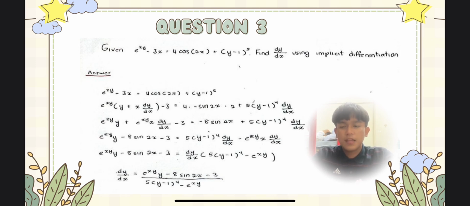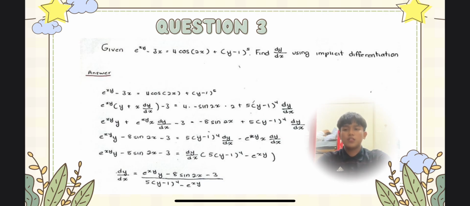In the bracket we must differentiate first. So next, minus 3 equals 4 multiplied by negative sin 2x multiplied by 2 plus 4 in bracket (y minus 1) to the power of 4 dy/dx.